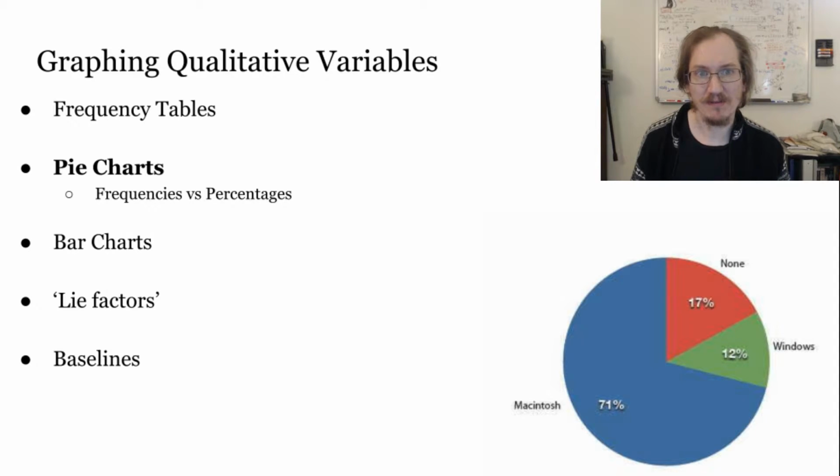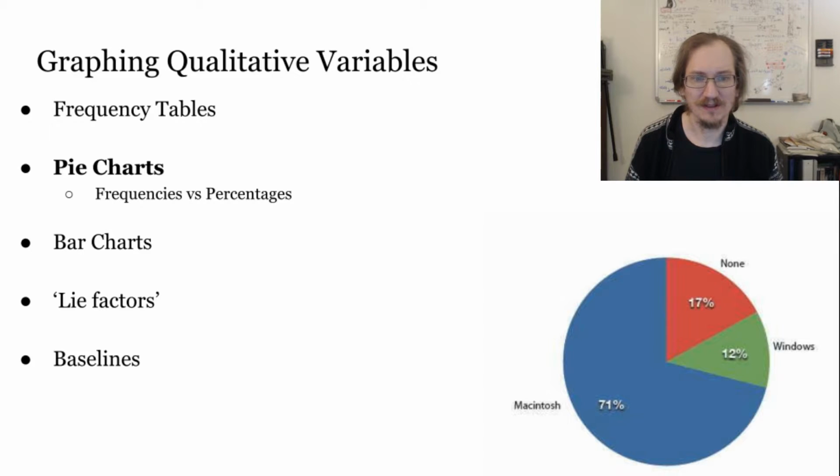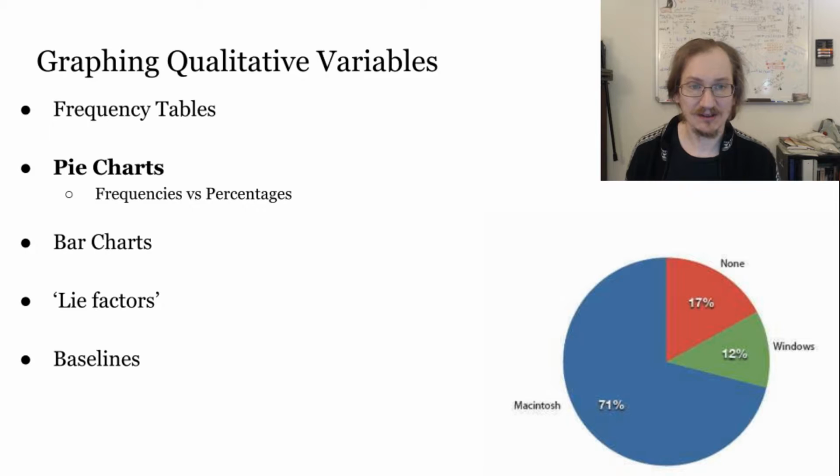You can just put a number there, but then you've got to do some mental math in your head to decide what percentage 85 is of the total of 500. And there's no real good way to put 500 into this graph unless you do it on the side, whereas everyone knows percentages of a whole only go up to 100%.